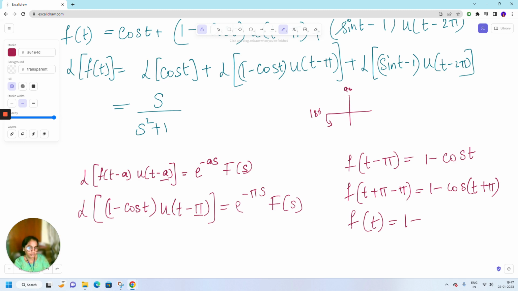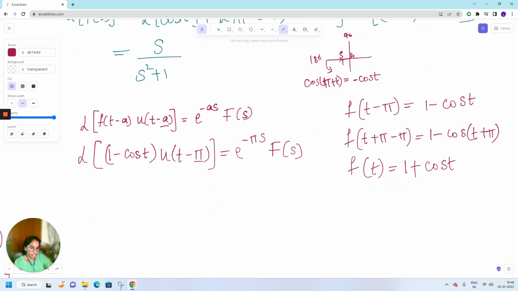And in the third quadrant, ASTC, right? Cos would be negative. So I would get minus into minus, plus cos t. Why? Because in the third quadrant, cos of pi plus any value, say t, is equal to minus cos t. So if I substitute minus cos t here, minus and minus would become plus.